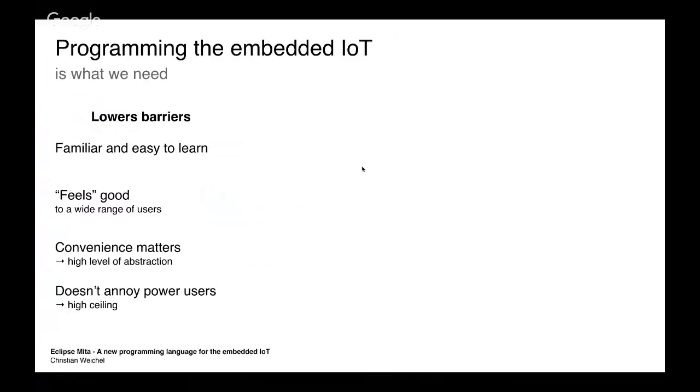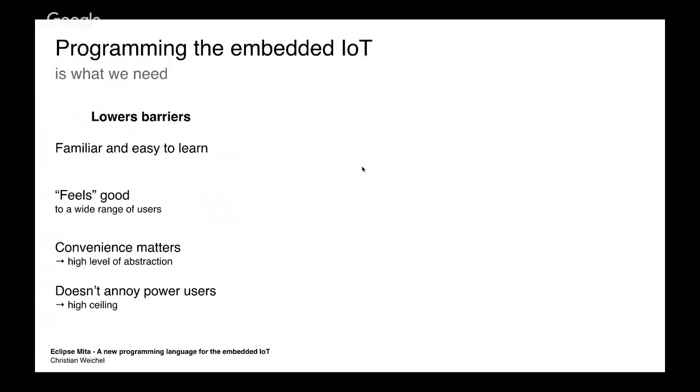And so out of those two considerations, that we have people coming from a cloud sort of world that want to program embedded devices, and at the same time, the scaling of a quantity from 1 to 1,000 devices, we found that in the embedded IoT, we really need a way to program that lowers barriers for people, something that feels familiar, that is easy to learn, that feels good.